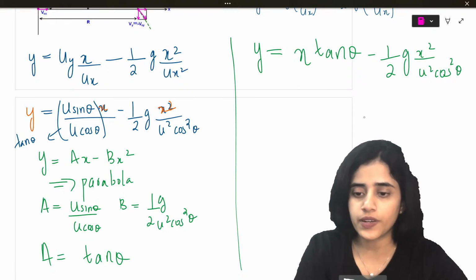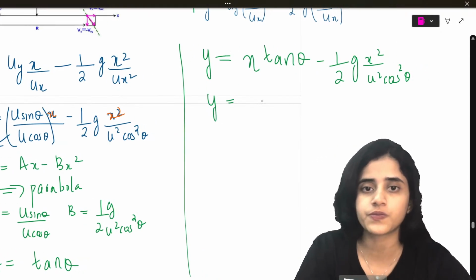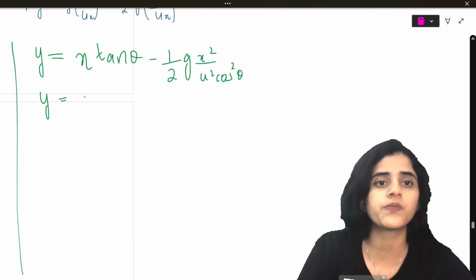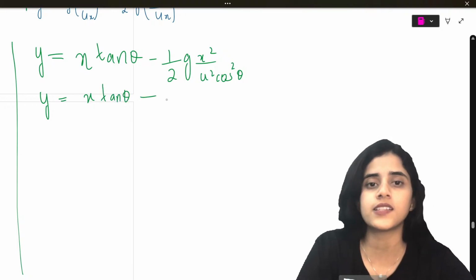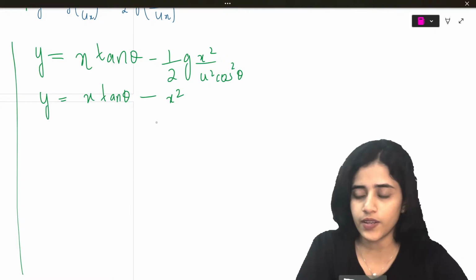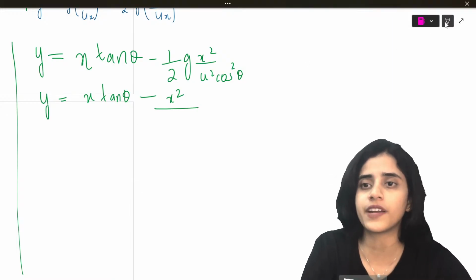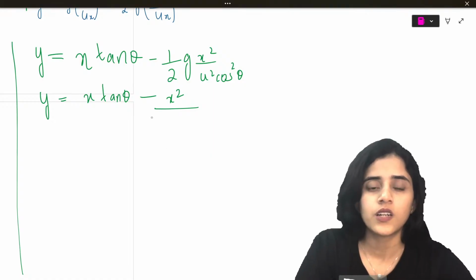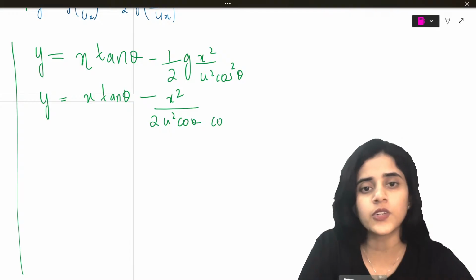So now what I will write? I can write this as y is equal to x tan theta minus x square, the whole divided by 2u square cos theta into cos theta.